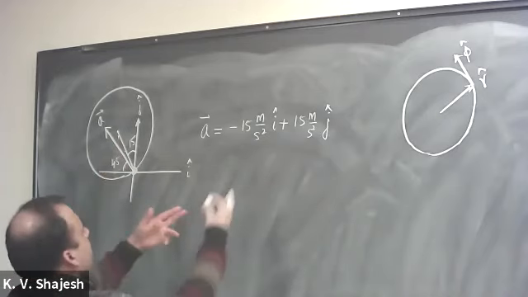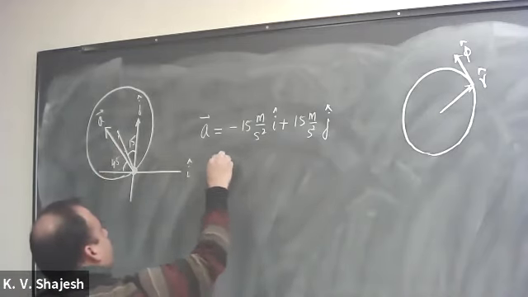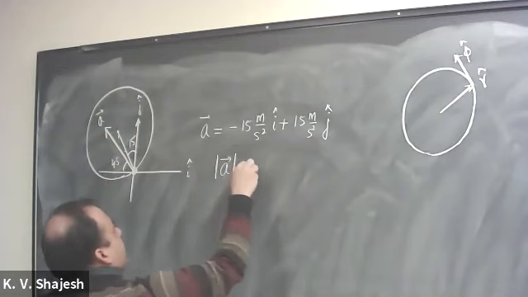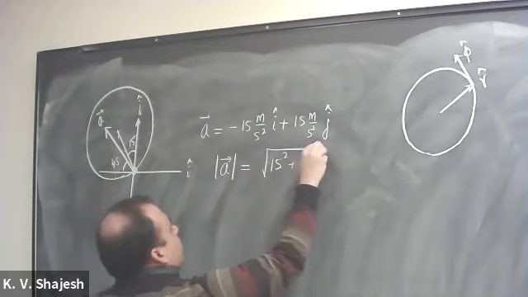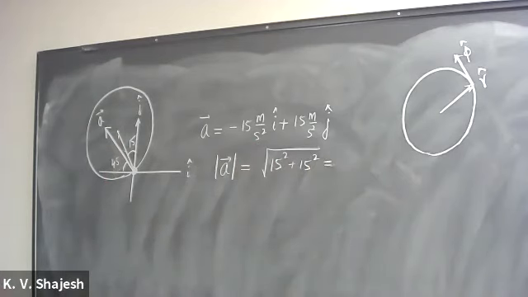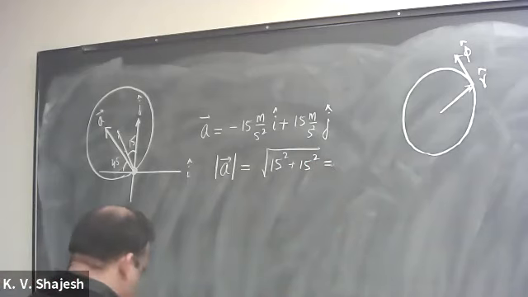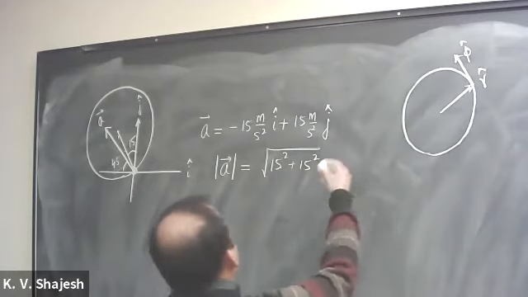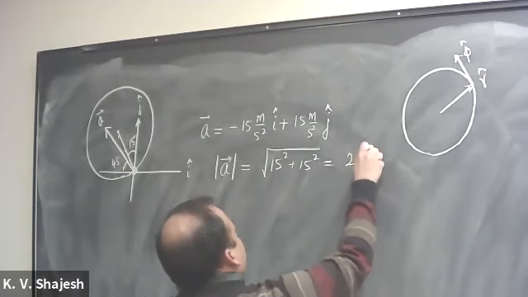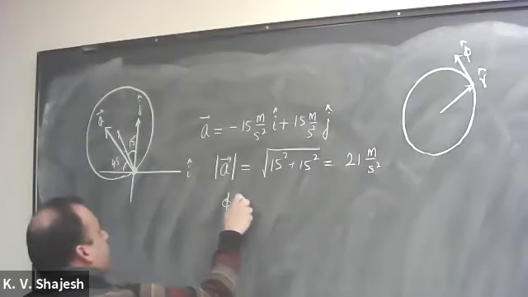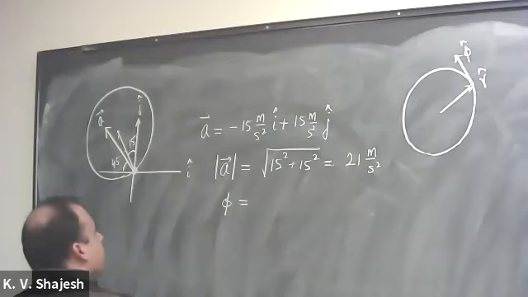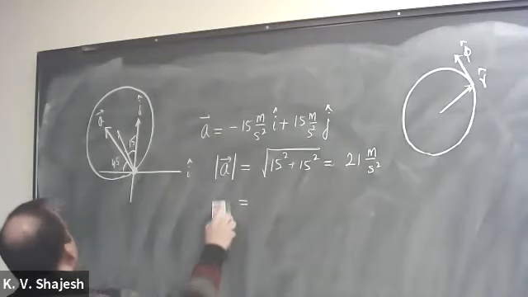How do I know that? First of all, I take the magnitude of acceleration. That's the square root of 15 squared plus 15 squared, which is 15 times the square root of 2, so 15 times 1.4, that's 21.2. Let me say that's 21 meters per second squared. What's the angle it makes? This angle should not be confused with the angle phi that we have.